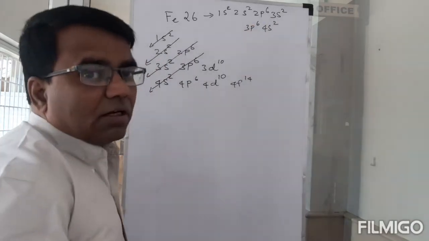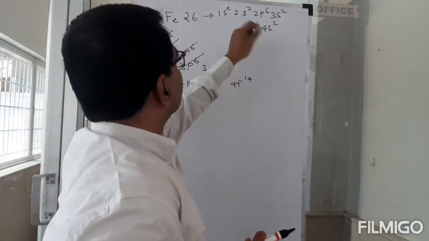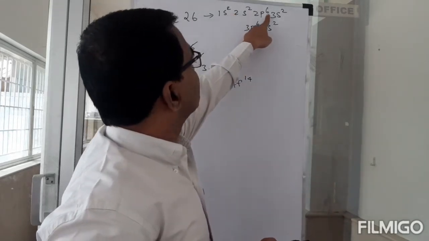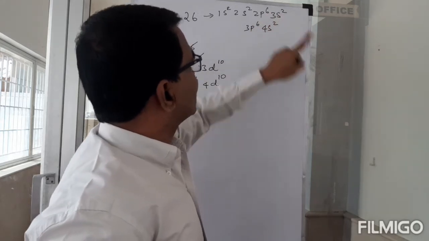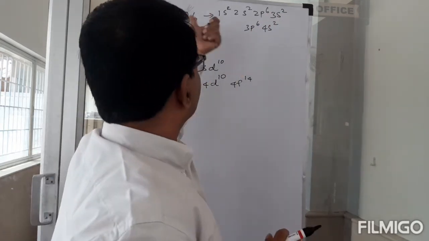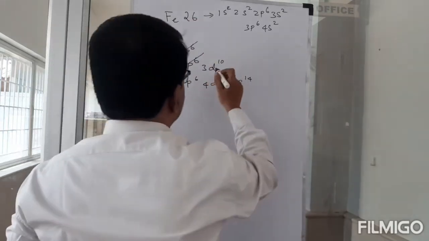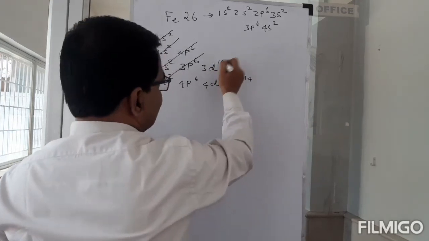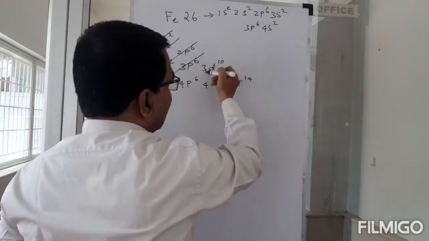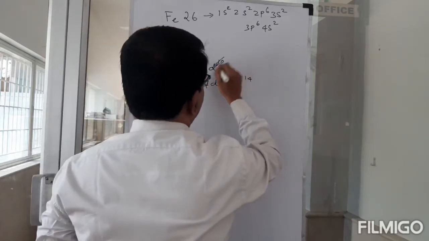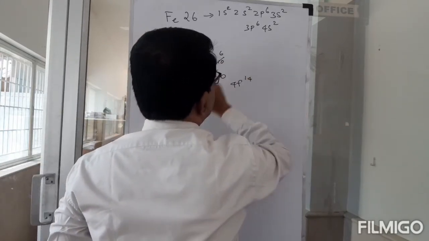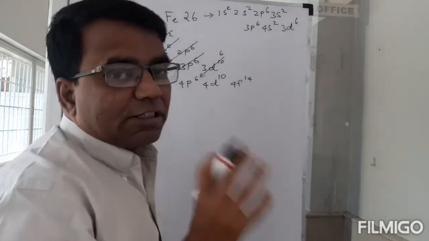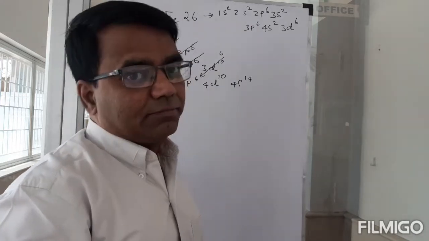And let us see how many electrons have we accounted for. 2, 4, 10, 12, 18, 20. So you need 6 more to reach the number 26. So you have to come to the 3d orbital, but then you can't have all the 10, you can only have 6. So this is going to be 3d6. So this is the electronic configuration of iron.